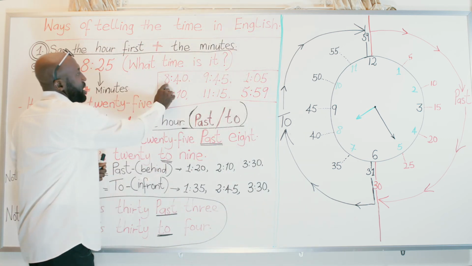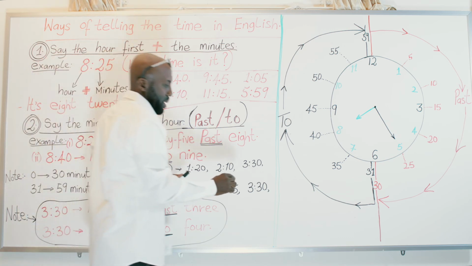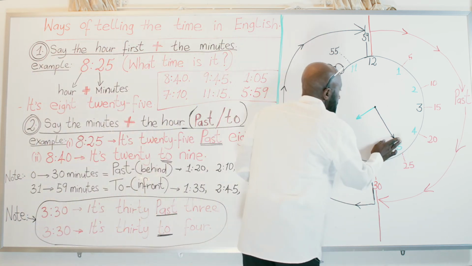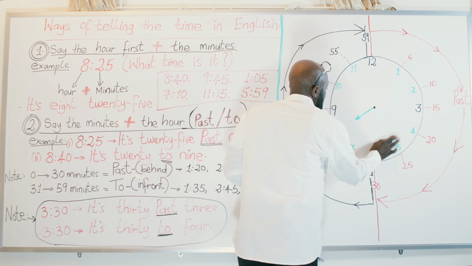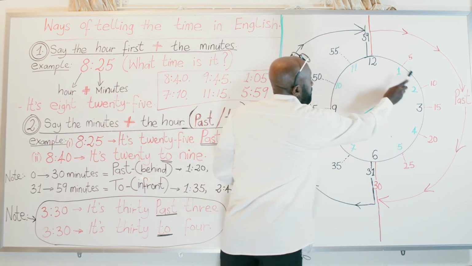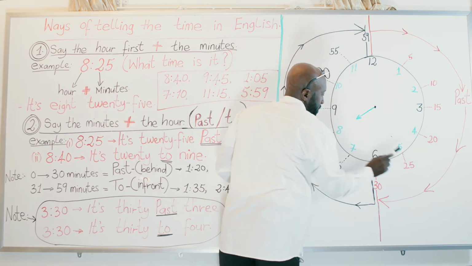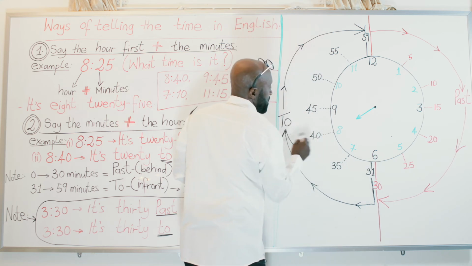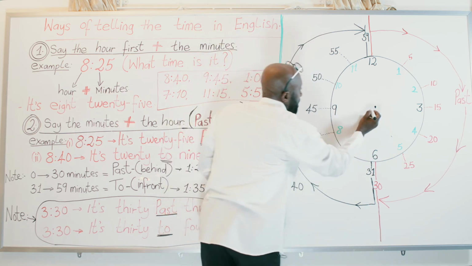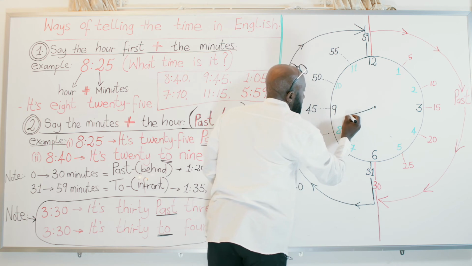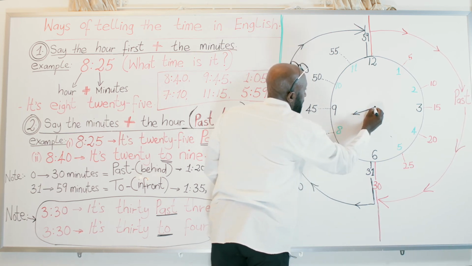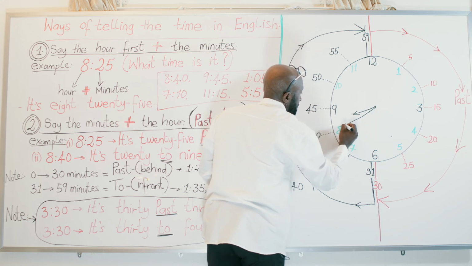Let's say 8:40. Okay, let's take off this one. This is 5, 10 minutes, 15, 20, 25, 30, 35, 40. Okay, let's put it like this. Something like this. There's a long hand, the short hand, and then a long hand comes here.